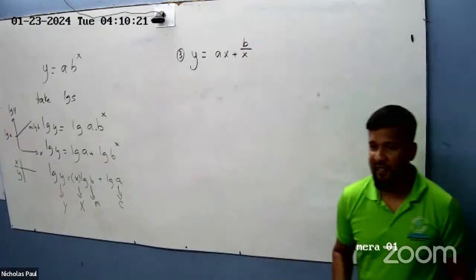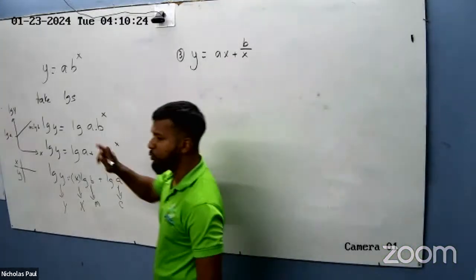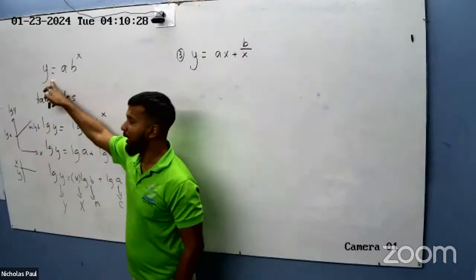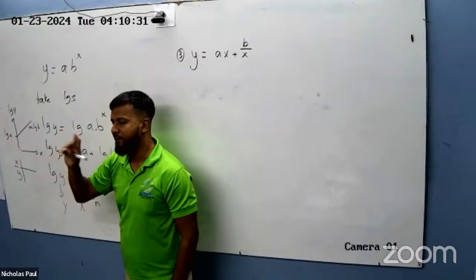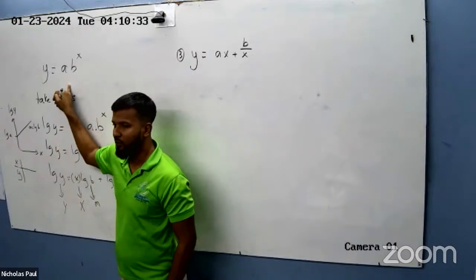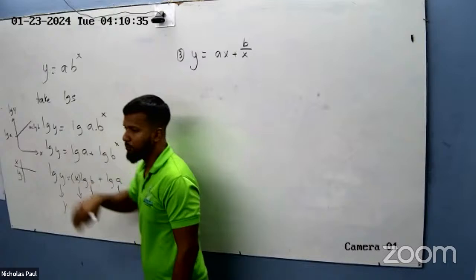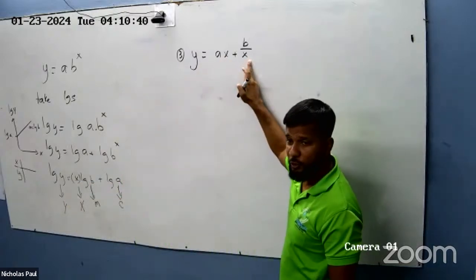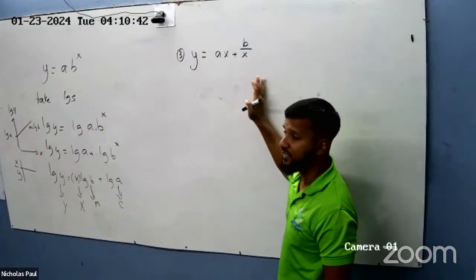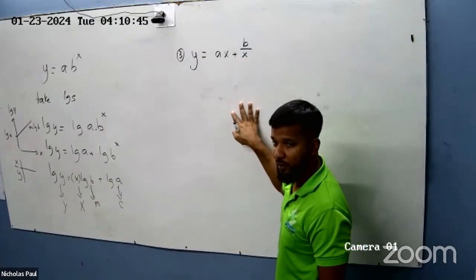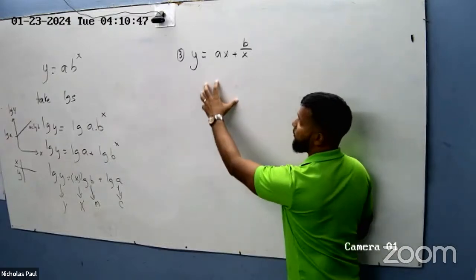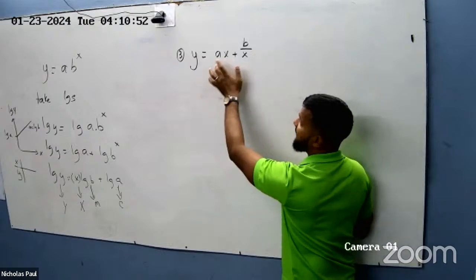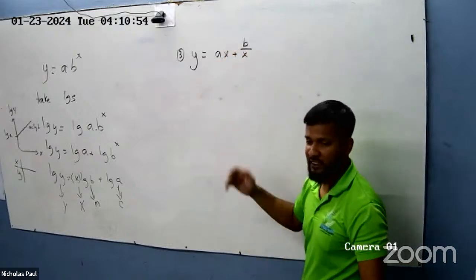If you see something like this one here, it had two terms alone, one here and one here. Whenever it's two terms and you have multiplication or division, most of the time it's logs. But here you have 1, 2, 3 different terms. In a case like this, you have to rearrange it. So let's see if we can rearrange this in such a way that we can separate the variables and separate the constants.